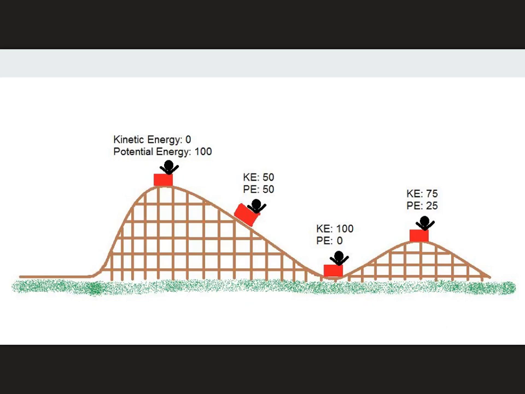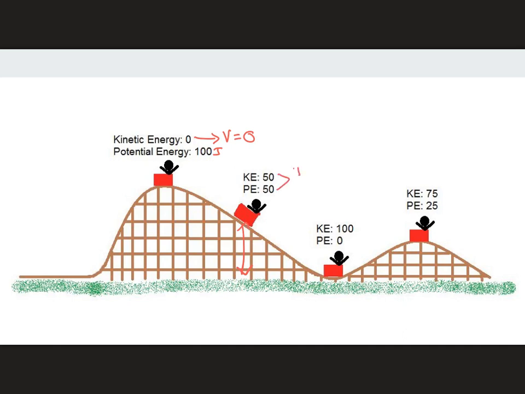So here's a visual example of this. If I have this roller coaster, at the very top, if I have a kinetic energy equals 0, this means I have no velocity, okay? And maybe I figure out that my potential energy is 100 joules. So then it can transfer. So at this point, I have height, so I have to have potential energy, but also I have kinetic energy.